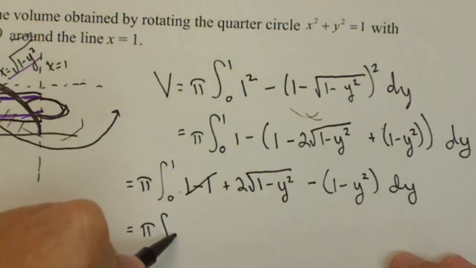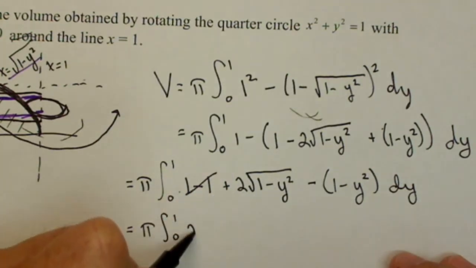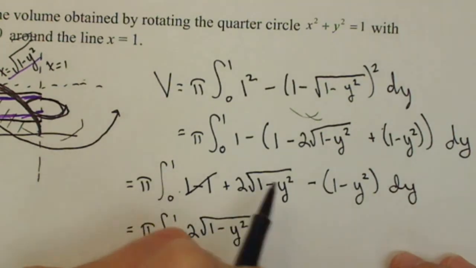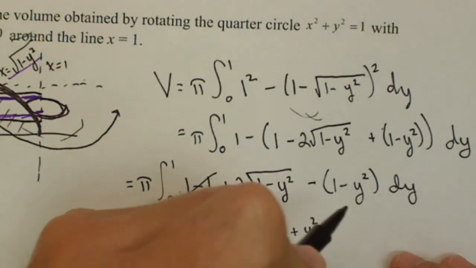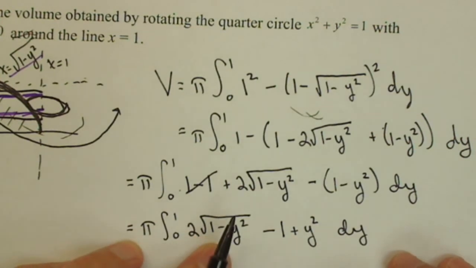So pi, I have one more negative to distribute. And what we might do is we might even split this up a little. 1 minus y squared minus 1 plus y squared dy. Because it might be helpful to look at this integral separately.